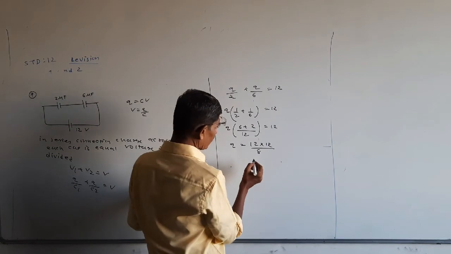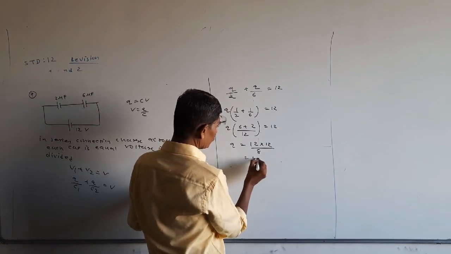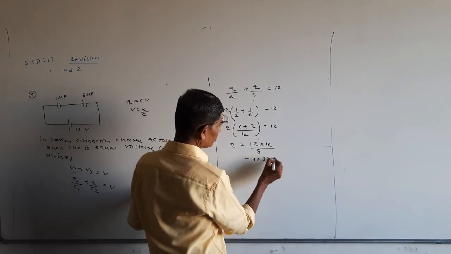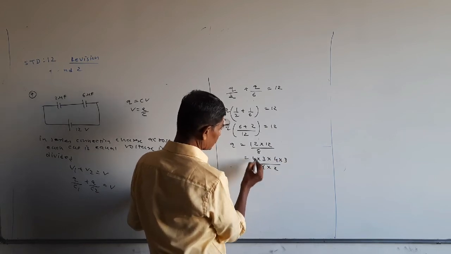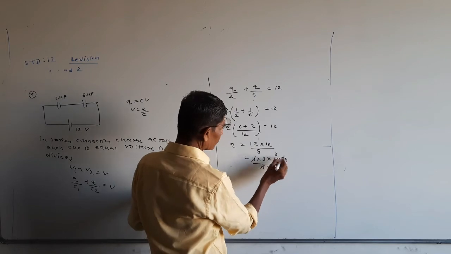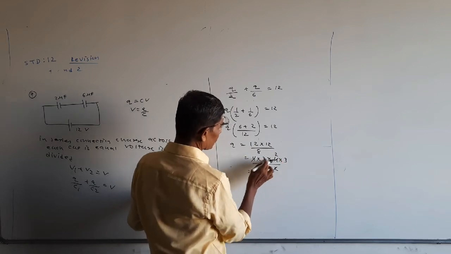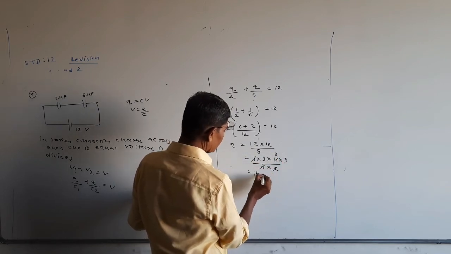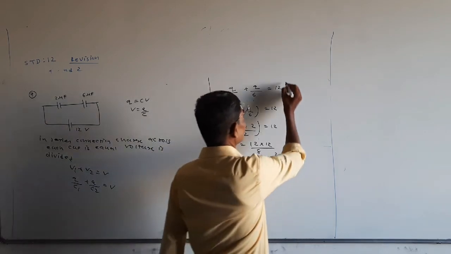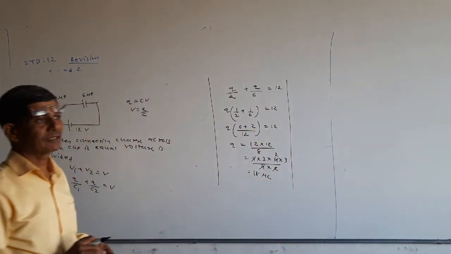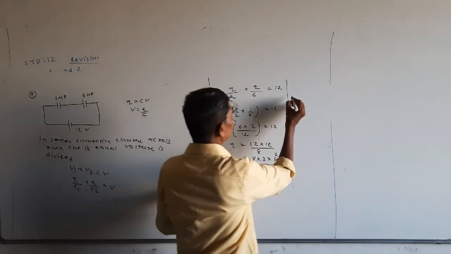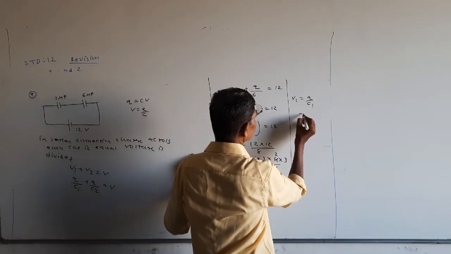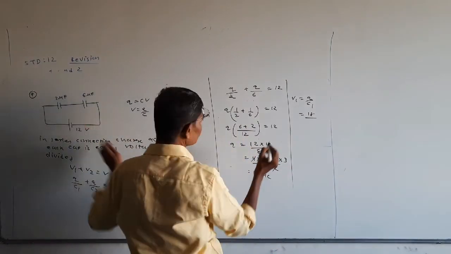Now 4 into 3, microcoulomb. Now you have to check that V1 and V2 will make V. Now V1 will be Q by C1, 18 upon 2.